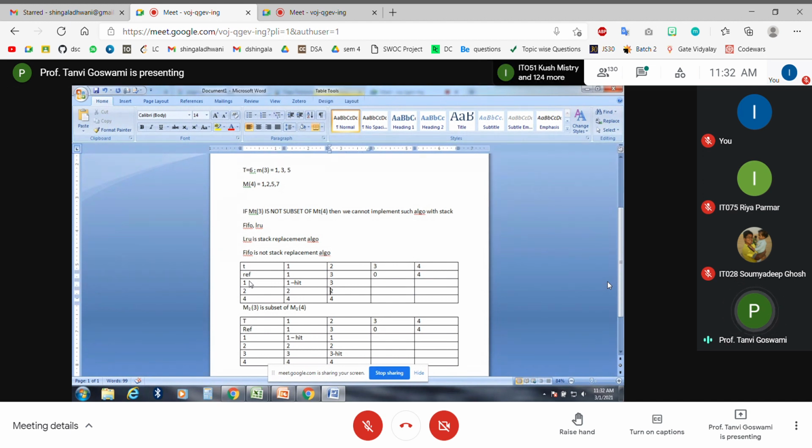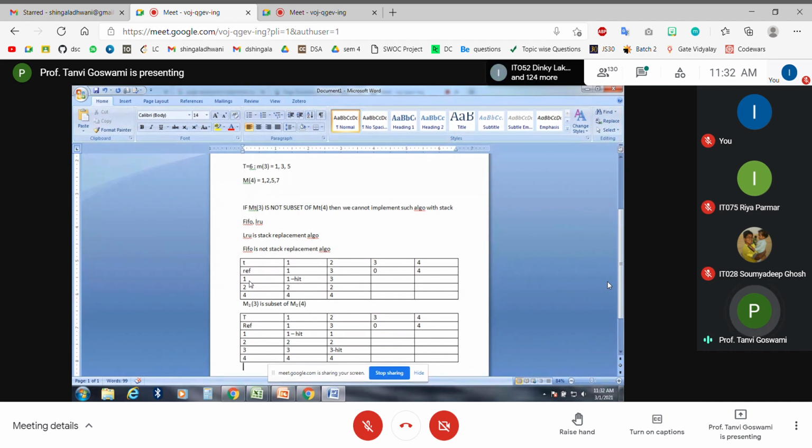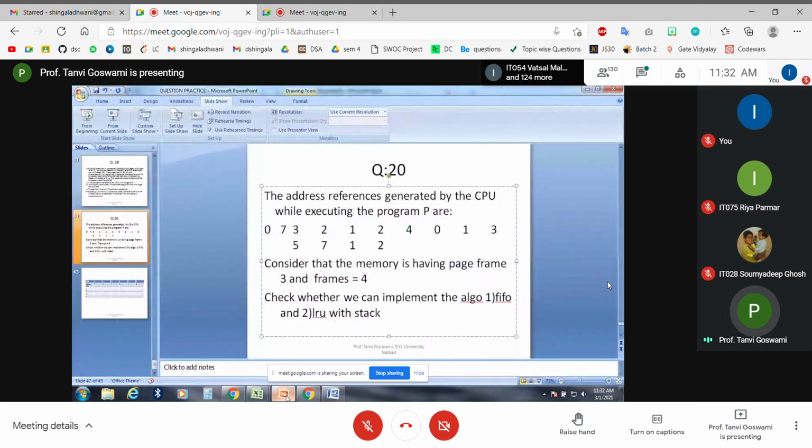So I have provided you the overview of this. This is the condition we need to check. Now you have to prove this. क्या प्रूव करना है कि LRU को स्टैक से इंप्लीमेंट कर सकते हैं, FIFO को स्टैक से इंप्लीमेंट नहीं कर सकते. ठीक है, और ये क्वेश्चन है आपके लिए.